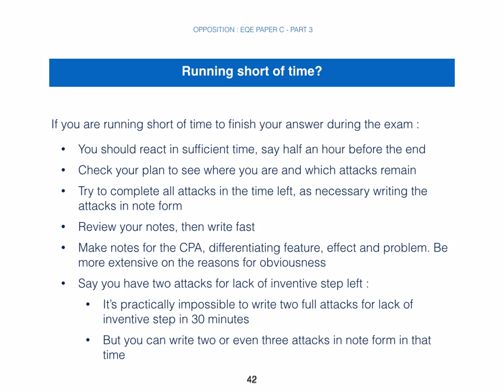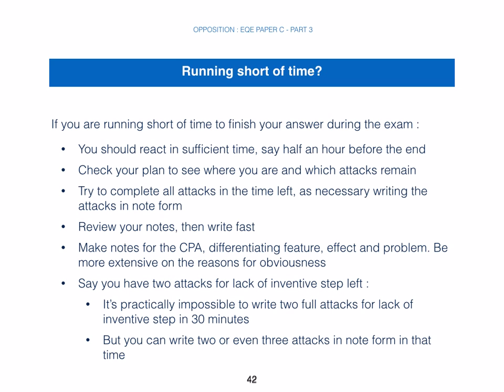Second, check your plan to see where you are and to see which attacks remain. Thirdly, try to complete all attacks in the time left, as necessary, writing the attacks in note form. Before you write each attack, review your notes and then write fast.